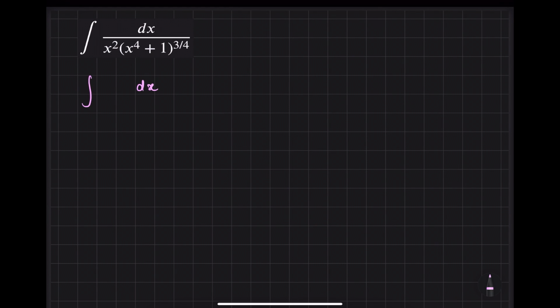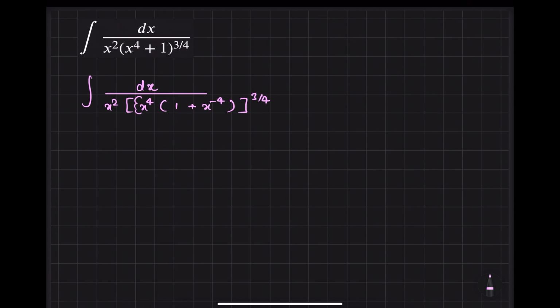So it is your dx, we have x square. Now if I take x power 4 common, x power 4 will come outside, this thing will become 1 and this thing will become x power minus 4, and the whole thing is carrying power 3 by 4.